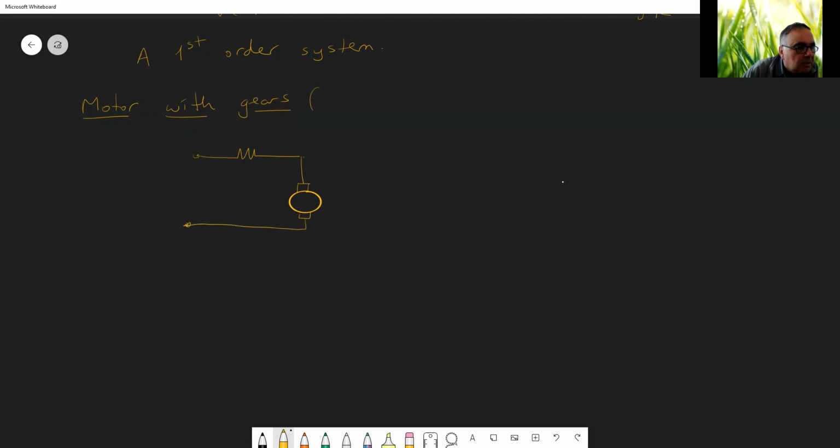First of all, we will assume that the motor inductance is zero, so it is kind of simplified. Now, the motor itself is connected not to the inertia directly, but to a gearbox. Then this is connected to a large inertia J, and that is connected to a damping dt, let's say.